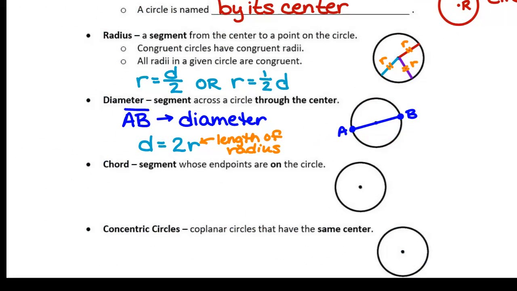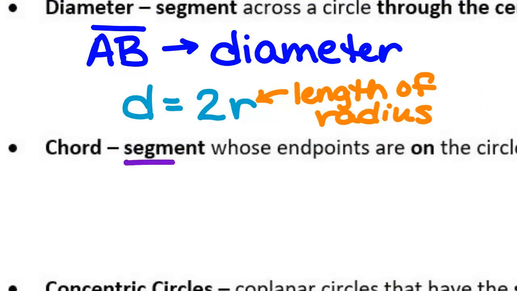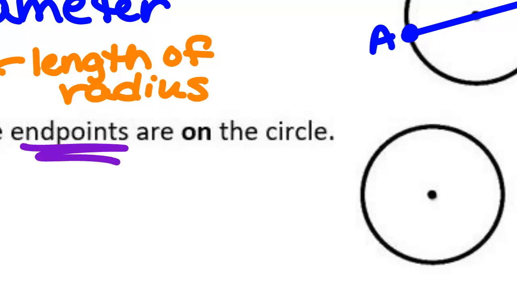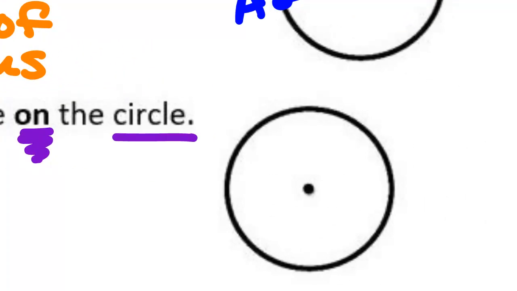A chord is a segment whose endpoints are on the circle. So a chord is any segment like this, where the endpoints are on the circle here.